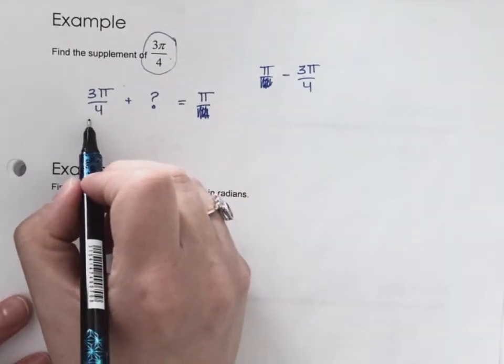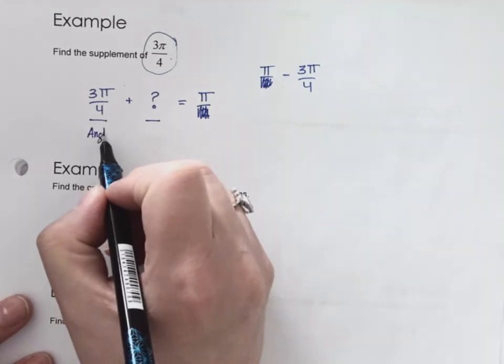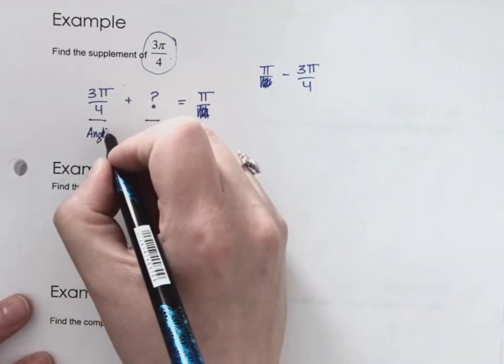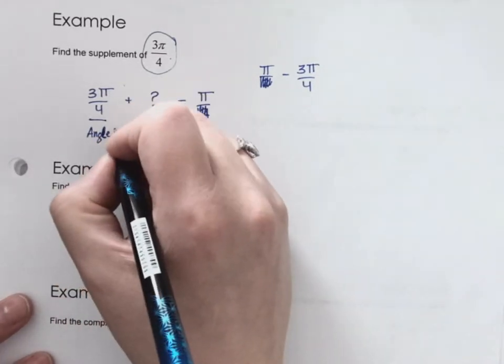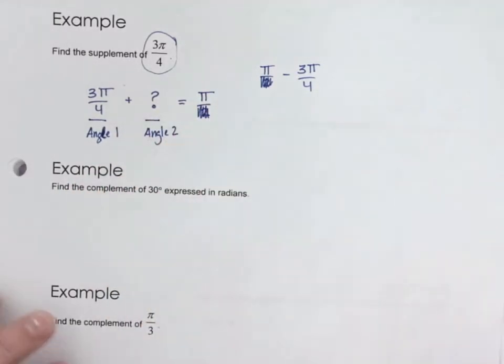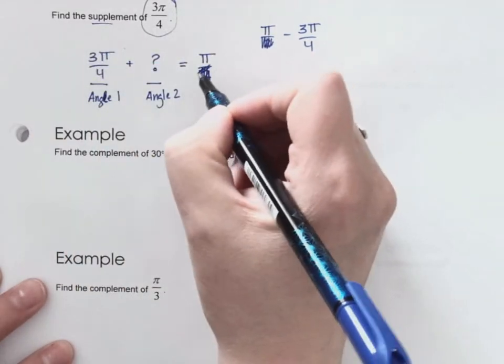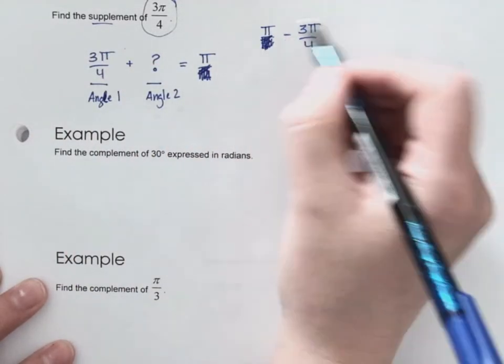So it's two angles, there's your first angle, there's your second angle. It's just pi because it's supplement, right? So we're adding up to 180, so it's just pi.